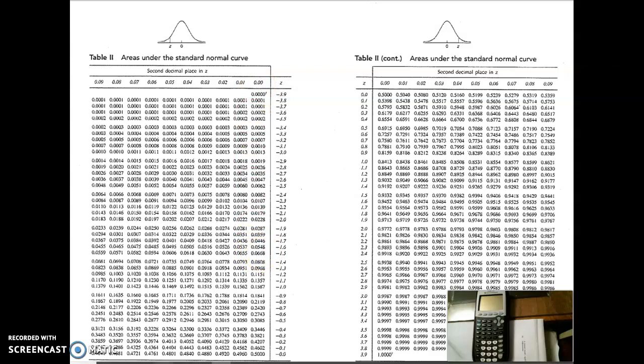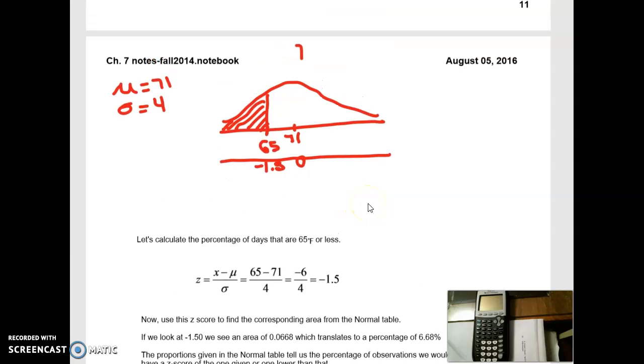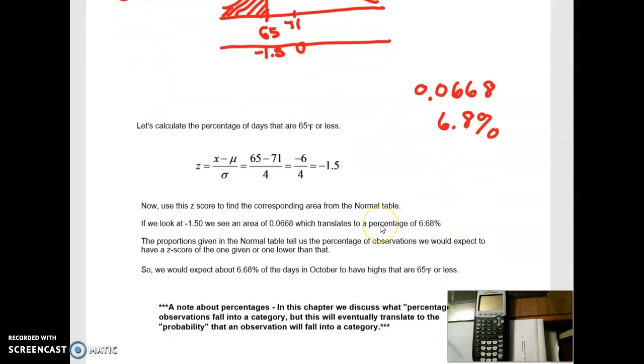If we go back to the notes, your area was 0.0668. As a percent, if we move that decimal place 2 places over, that's 6.7%. That means this area only represents about 6.7% of the curve. So I clearly drew it a little too large.